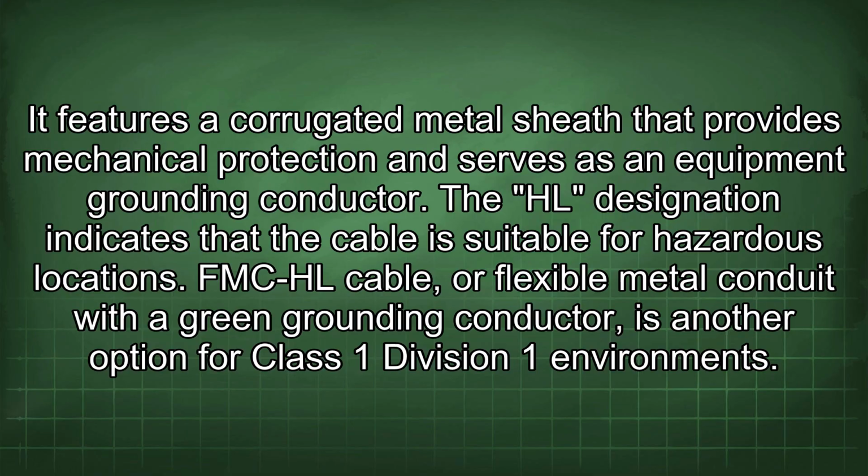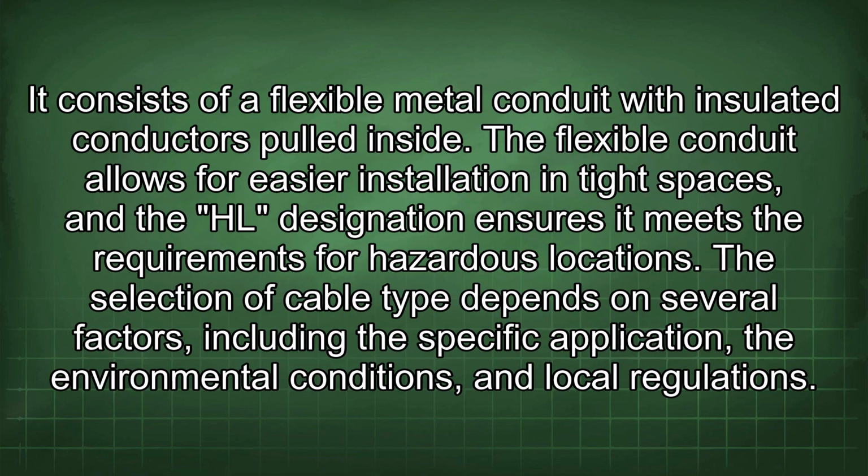FMC-HL cable, or flexible metal conduit with a green grounding conductor, is another option for Class 1 Division 1 environments. It consists of a flexible metal conduit with insulated conductors pulled inside. The flexible conduit allows for easier installation in tight spaces, and the HL designation ensures it meets the requirements for hazardous locations.